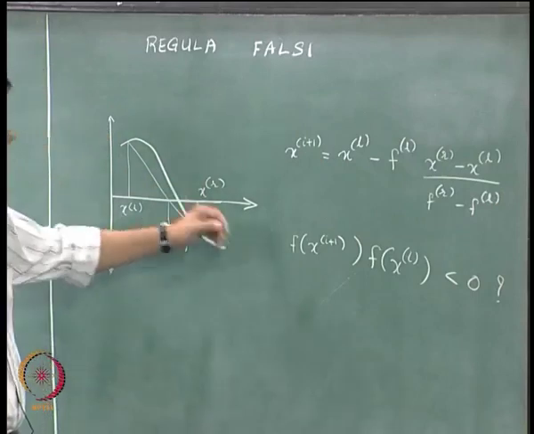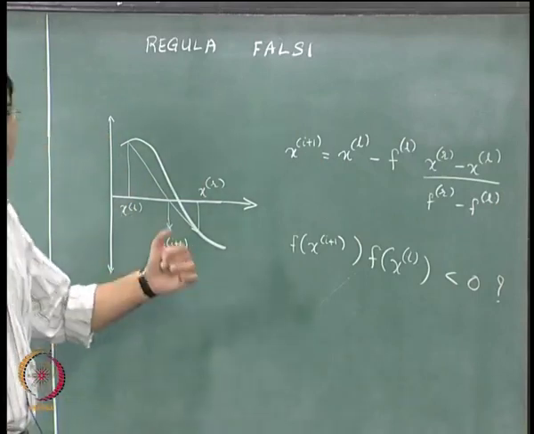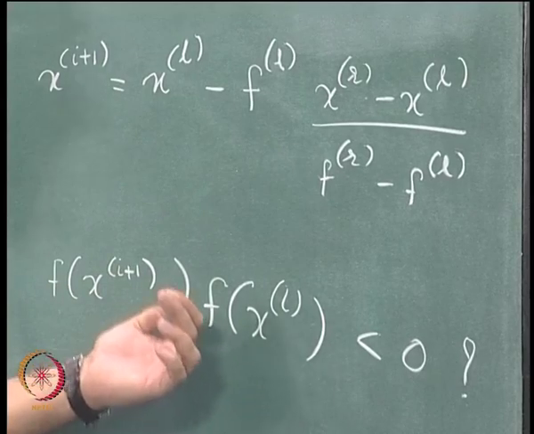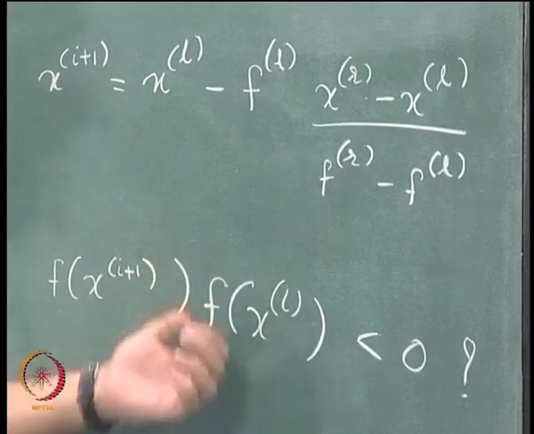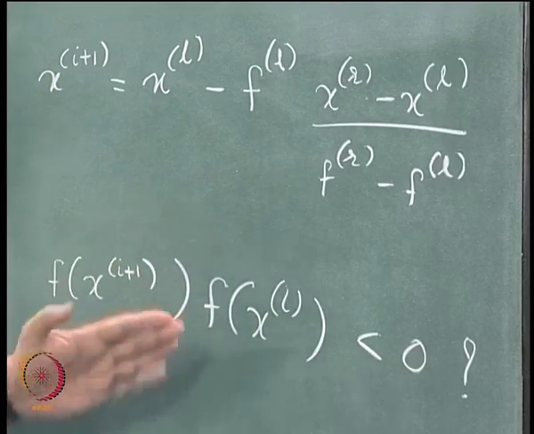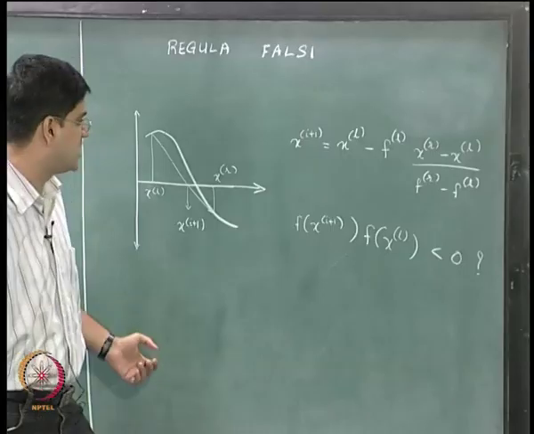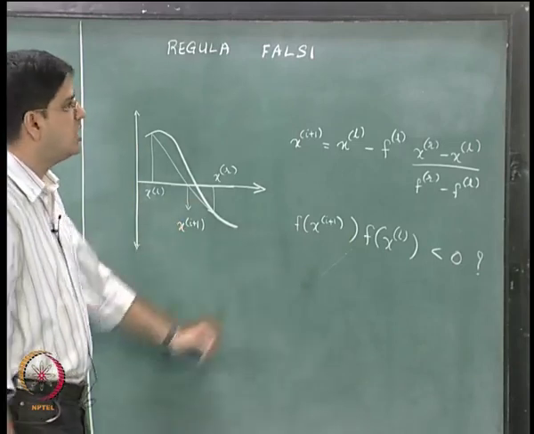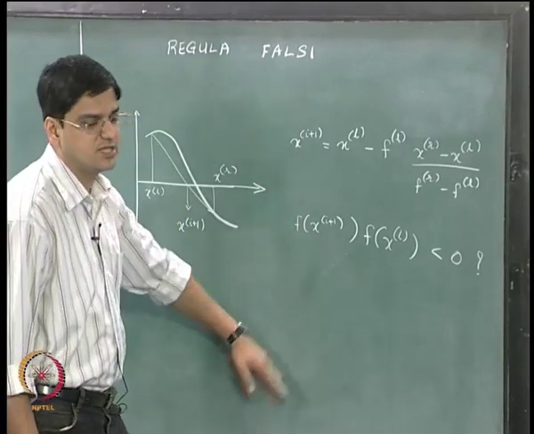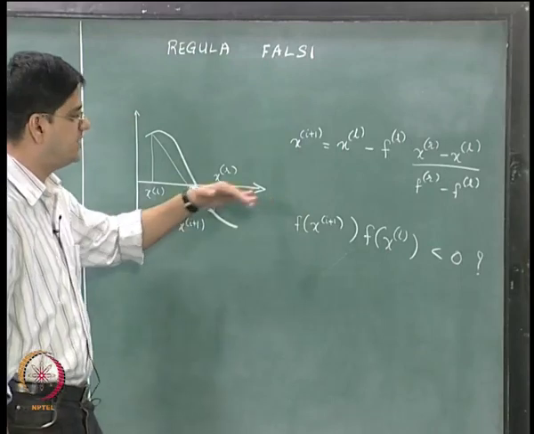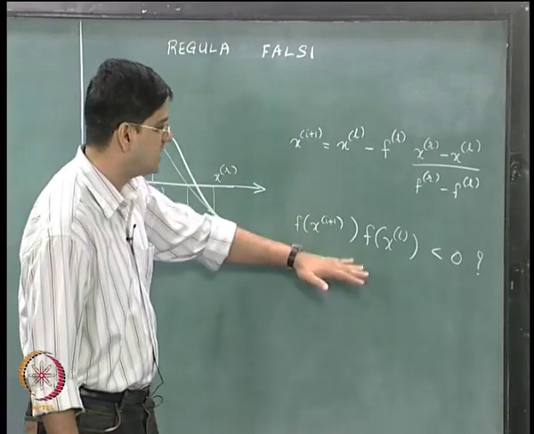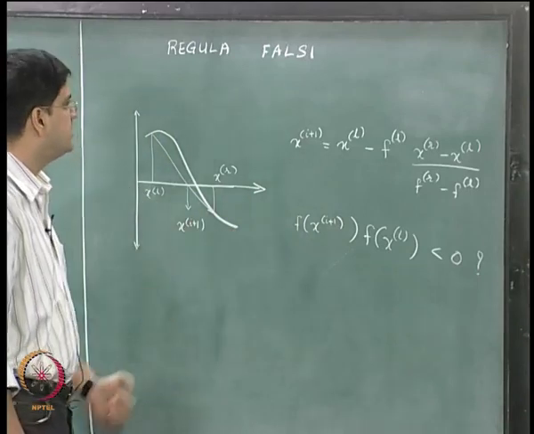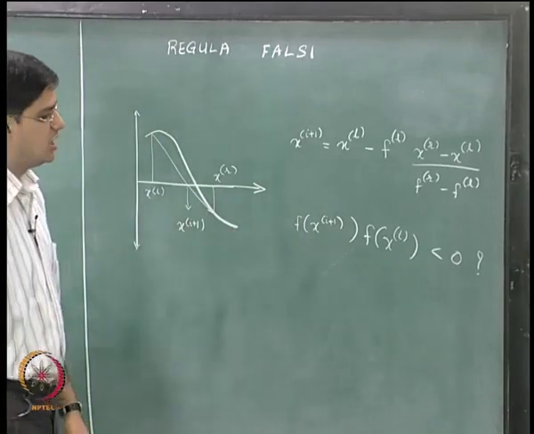If yes, we replaced XR with x i plus 1. If no, we replaced XL with x i plus 1. So, in this particular case, we replaced XL with x i plus 1. That was our Regula-Falsi method, and we kept repeating that until x i plus 1 was close enough to the solution.